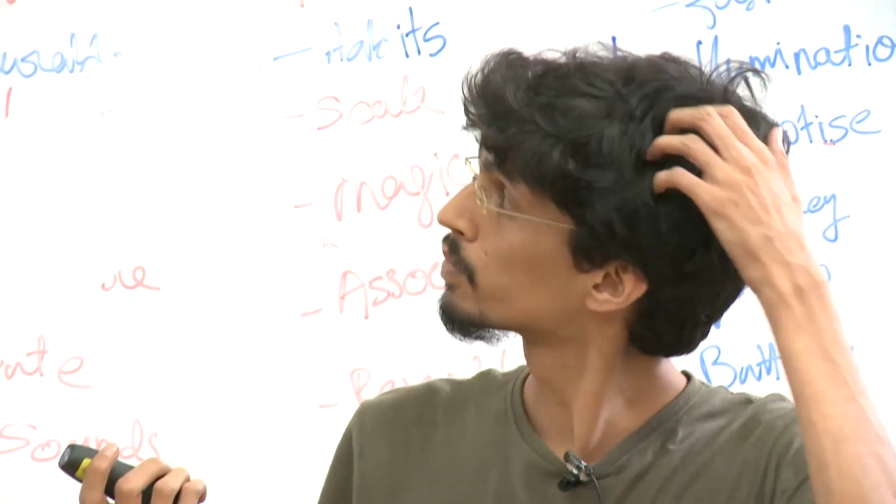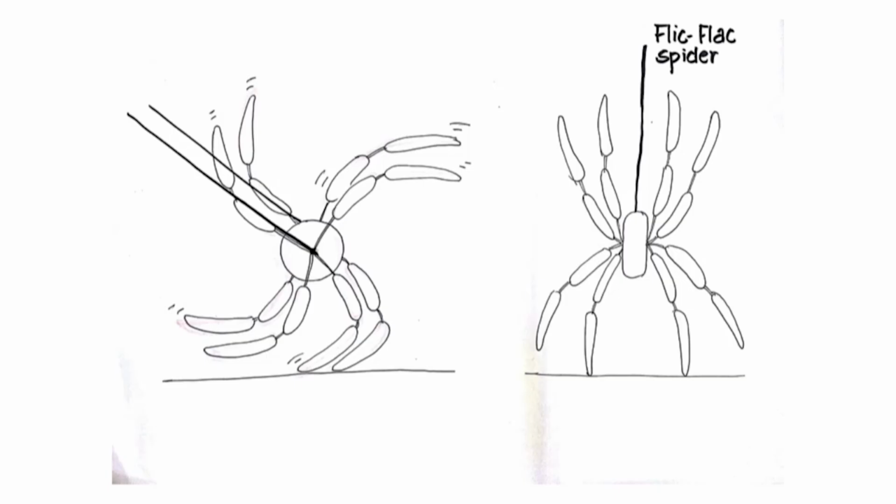Then another concept was this flick-flack spider. It has a very unique way of moving when it has to move at higher speed. It actually somersaults, it flips in the horizontal axis. These two are its positions. I tried to make it something like this. This is a side view and this is a front view.